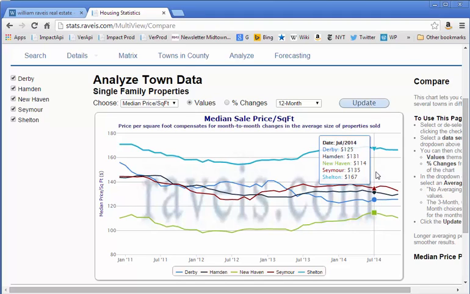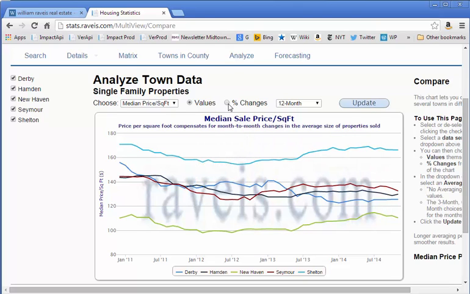And on a price per square foot basis, we can see that Shelton is near the top of the list, so you're going to pay about $160 and recently close to $170 per square foot. And at the bottom of the list is New Haven, at $112 a square foot. So what that means is you get more bang for your buck, more square feet for the dollar in New Haven. Shelton's a little pricier and the other towns are in between.